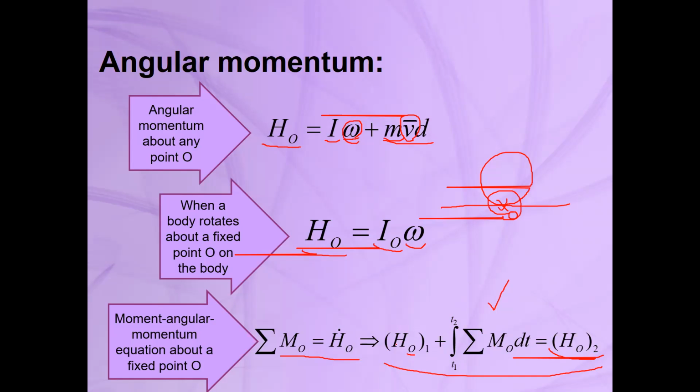Again, in this equation, M_O is the moment about point O due to the external forces. H_O is the angular momentum about point O, and O is the fixed point of rotation for this rigid body. So these are all the equations that we need in this chapter to solve the problems for angular momentum and linear momentum.